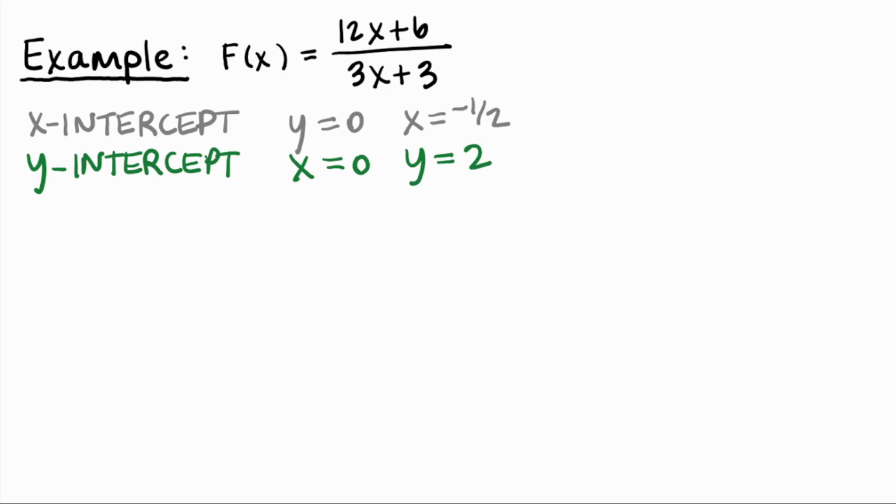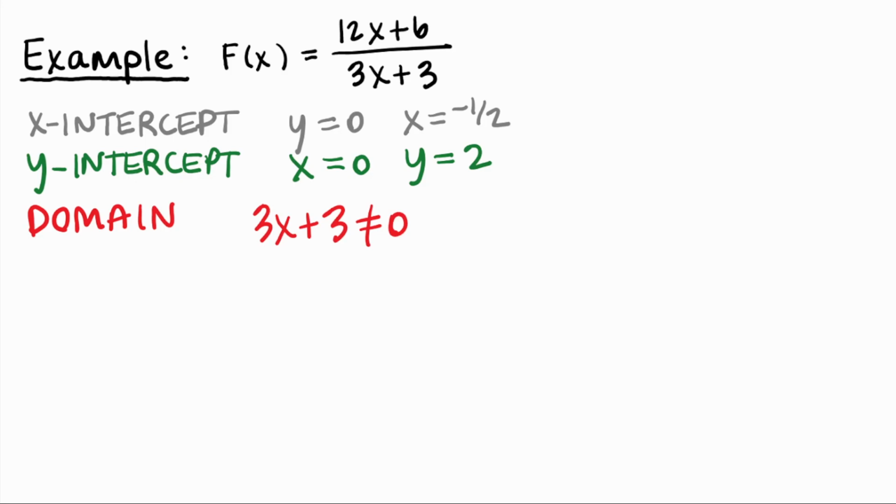You might also be interested in the domain or the vertical asymptotes of this graph. And that's not going to be changed by the fact that we've got some kind of x and something else going on up top. We're still going to find the domain and the vertical asymptote by investigating when the denominator equals 0. So I'm thinking, as long as 3x plus 3 is not equal to 0, then f of x will be defined, right?